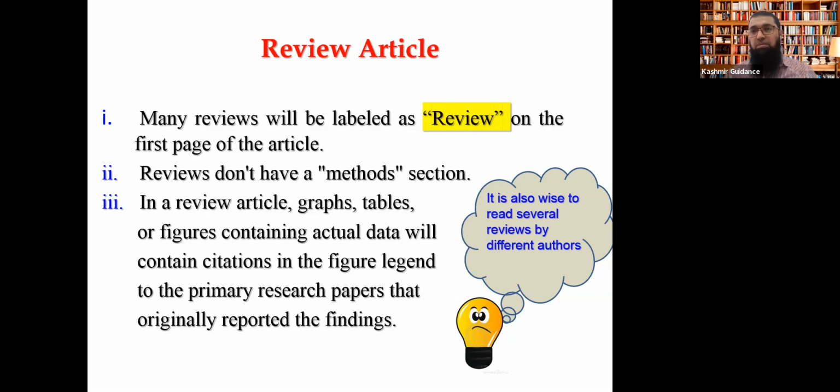So in most review articles, in their tables or figures, you will find citations, and they are quoting originally reported findings from the primary research articles in their tables, figures, as well as other graphical illustrations. So this is how you can read a review article.